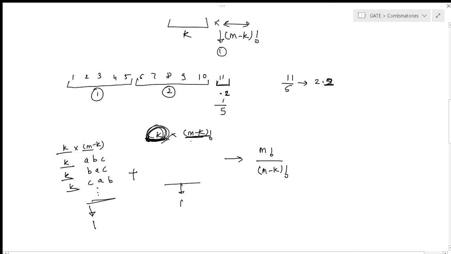And what does the division do? These m minus k factorial combinations are counted only once, because as I just told you, dividing by 5 means it takes 5 elements and groups them as one. So dividing by m minus k factorial means you are keeping the initial k elements constant and grouping the rest of the factorial calculations.